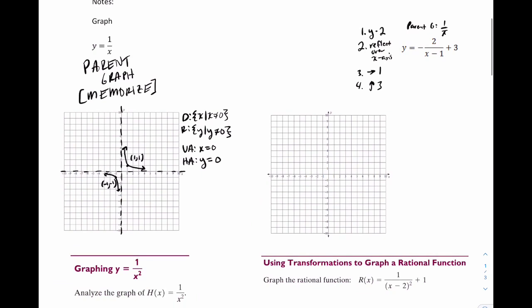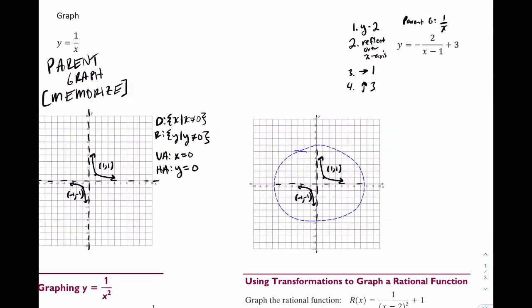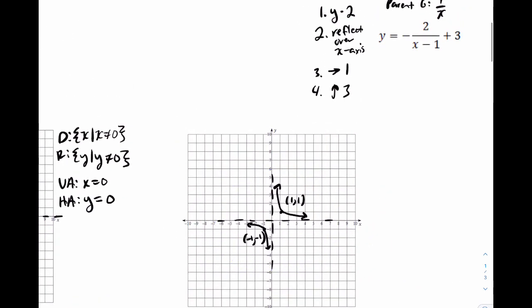Now this is why the iPad's pretty cool, because I can just grab this thing right here. I'm going to copy it, and I can just place it right here. So right there, there's my parent graph. Okay, so now we can just apply everything. It says y times 2. So I'm just going to erase over here.